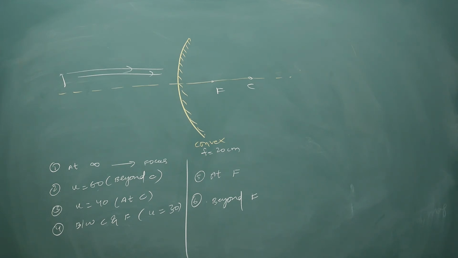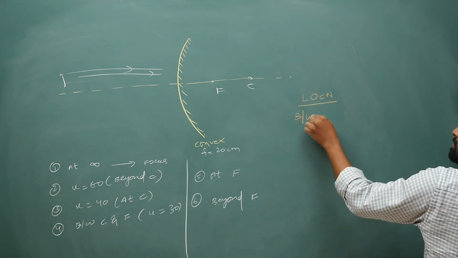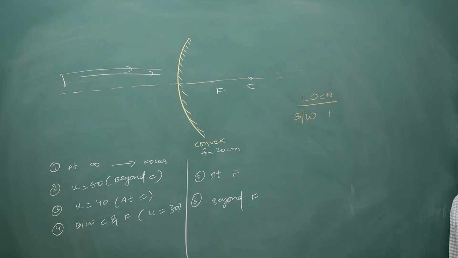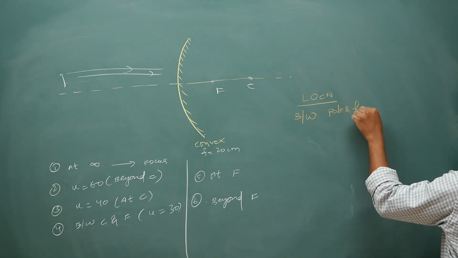You can draw the ray diagram, do whatever calculation that you want to. So you will get virtual, erect, diminished. Your location you will get the answer as between pole and focus. For all the questions you will get the same answer.